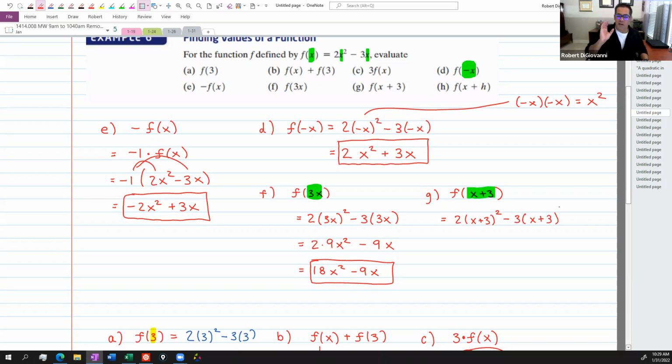The parentheses here are absolutely critical because you're squaring everything, right? You're squaring the whole x plus 3. So you have to put the x plus 3 in parentheses. And then you're multiplying 3 times x. So 3 times the entire expression, or I should say minus 3, has to be distributed through. So good job, Zachary.